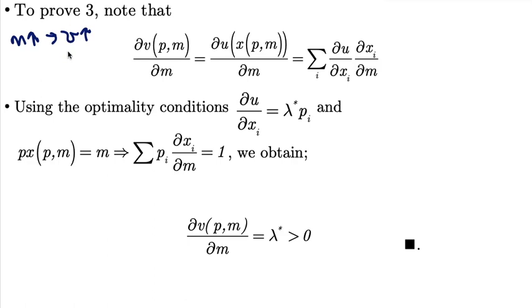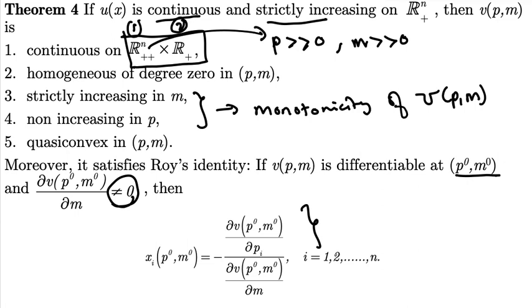So it's not the indirect, it's the marginal utility. Let me fix it here. So when income increases, then the marginal utility must increase, because in mathematical terms, strictly increasing in M is like upsloping, isn't it? With respect to M.